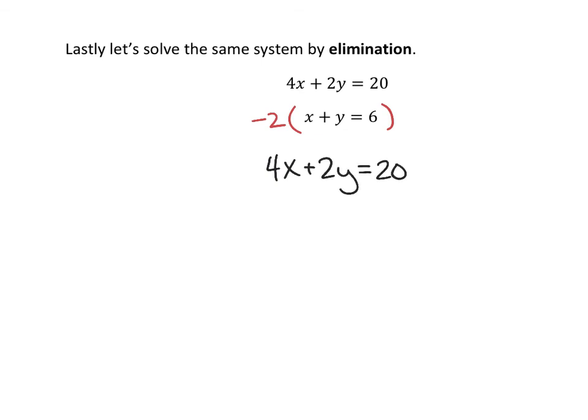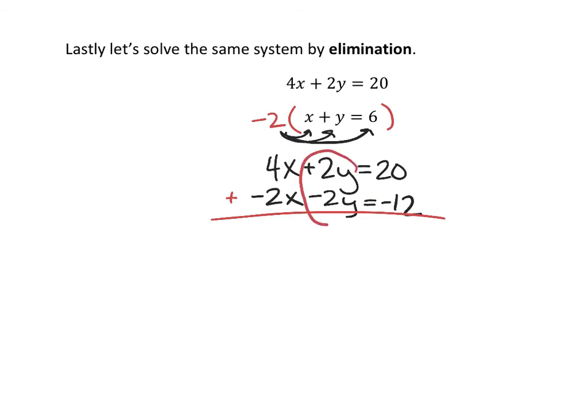But my new second equation would be negative 2 times x, that's negative 2x, negative 2 times y, that's negative 2y, and negative 2 times 6, which is negative 12. I've used a scalar multiple so that I can now see that I have opposite terms between the two equations. These opposite like terms right here are going to cancel out when I add these equations together. That's the elimination step.